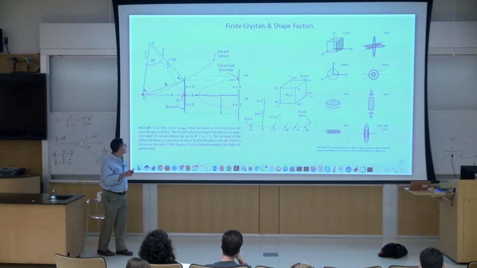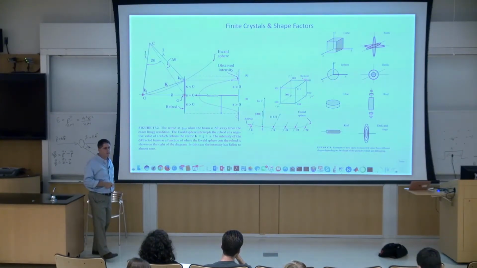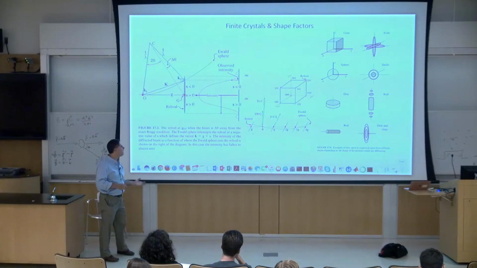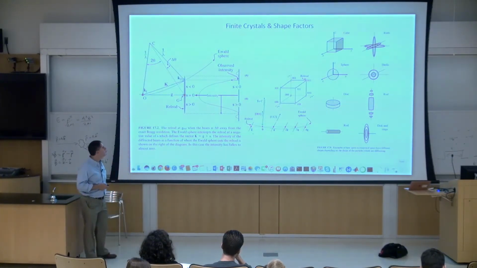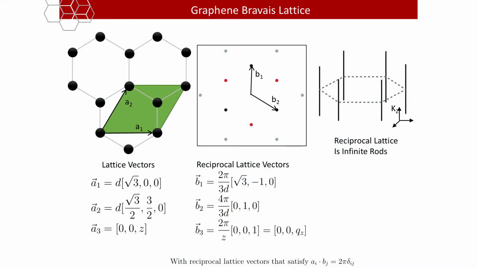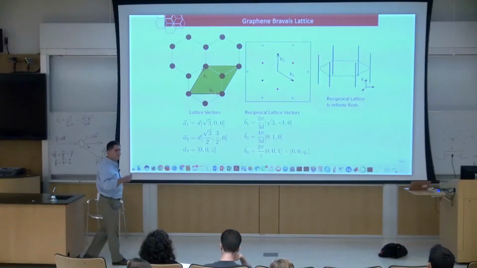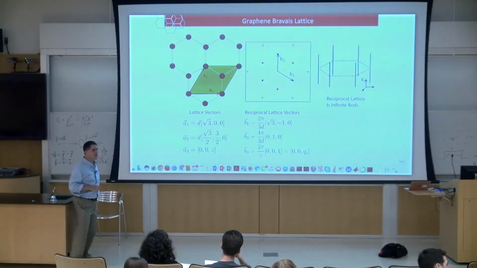So this is just talking about the observed intensity of the shape factor. The smaller the object, the bigger the shape factor, the easier it is to see a diffraction spot. Here is graphene, and I apologize to Blanca because she's probably sick of this from Jim Zwo's class.